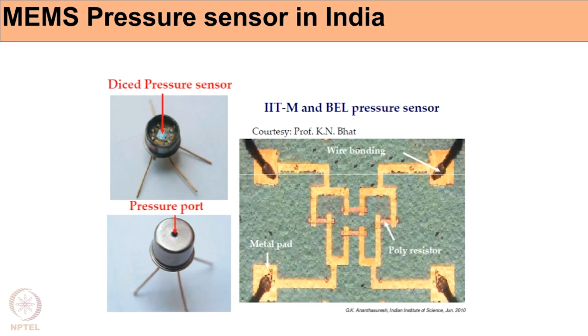So before going into the details, let me show you a glimpse of one of the MEMS pressure sensors made in India. This is by Professor K.N. Bhat, made in IIT Madras. This MEMS pressure sensor is totally made in India using Indian technology. And this kind of sensor you can use for measuring, as I was saying, blood pressure or intracranial pressure.